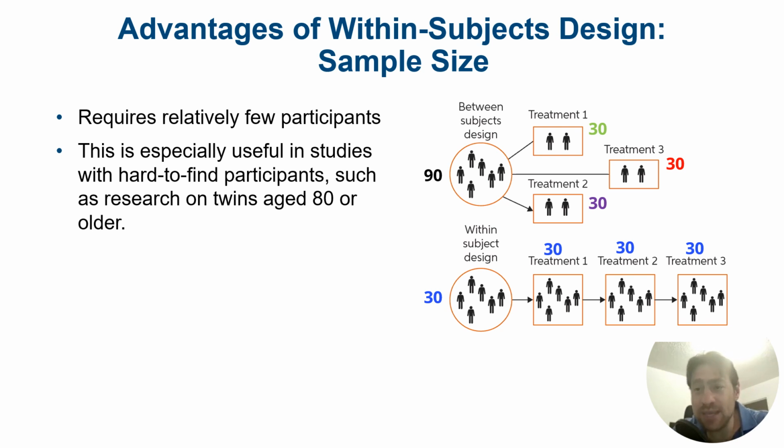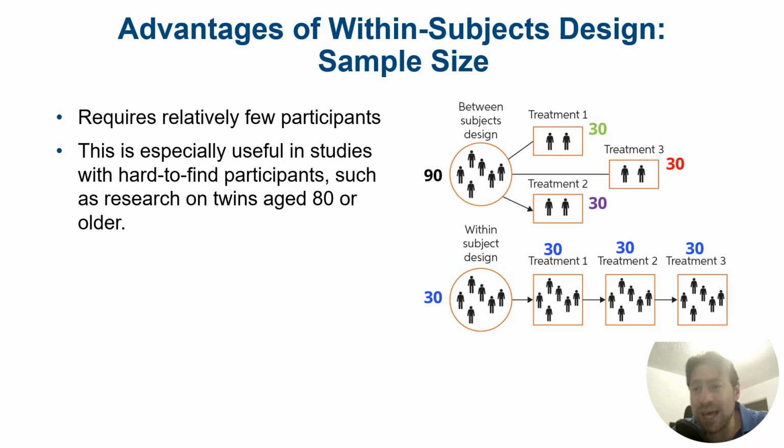Sample size is important. The larger your sample, the more likely you are to detect an effect if one exists, especially if the effect is subtle. And many effects studied by psychologists are fairly subtle.